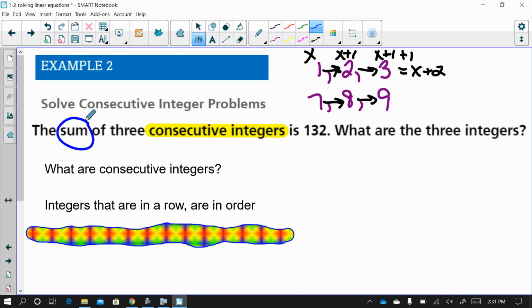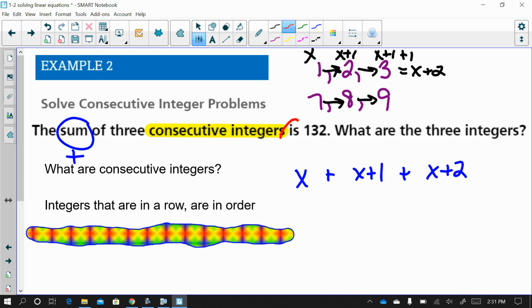You should see the word sum. What does sum mean? Sum means add. Okay, so I'm adding these 3 consecutive integers. So let's add our 3 consecutive integers. First one was x, plus my second one was x plus 1, plus my third consecutive integer, x plus 2.